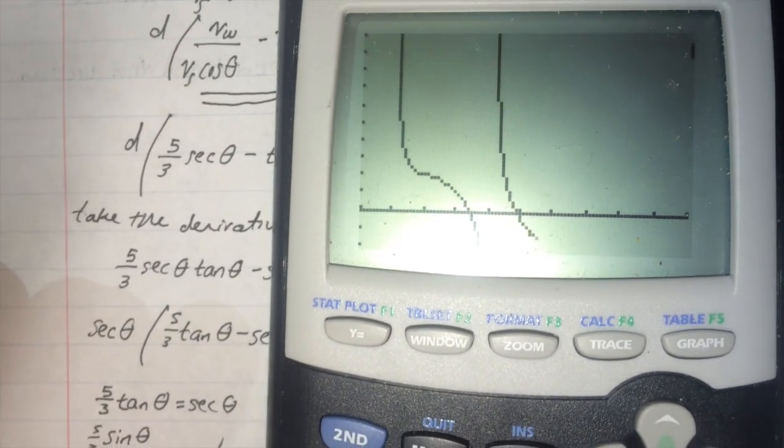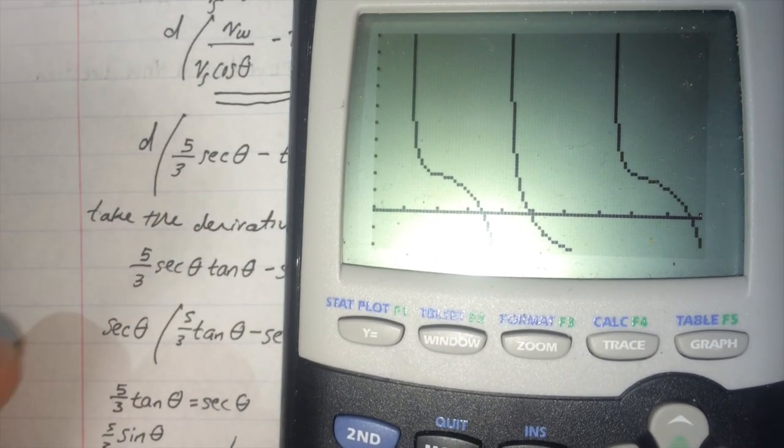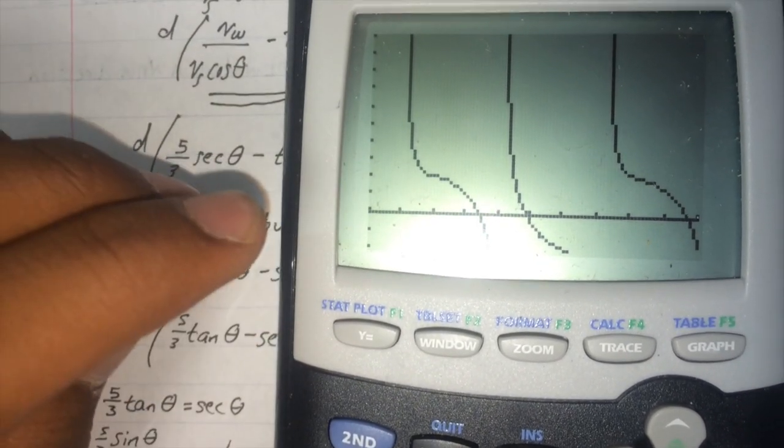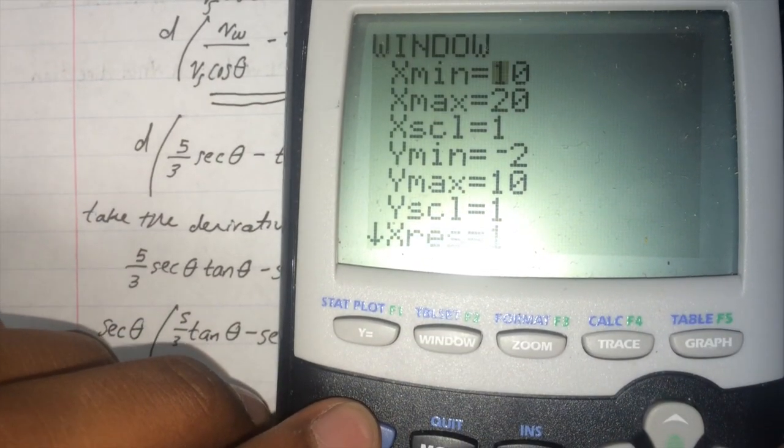Alright, so we want it where it is minimized, pretty much. So we're going to set the window right here. Let me fix this window.